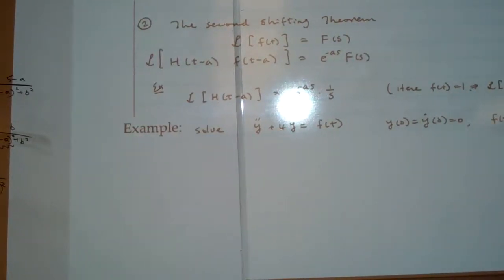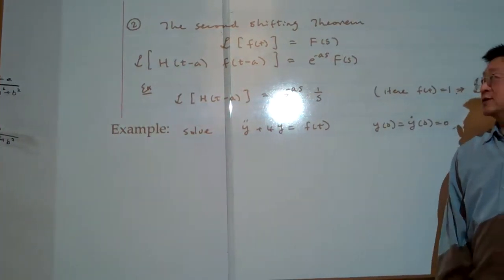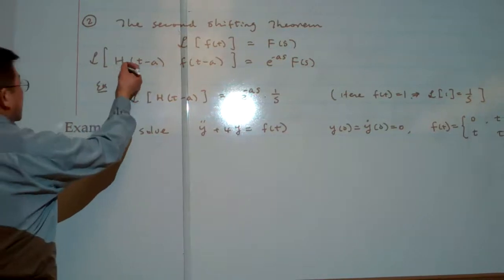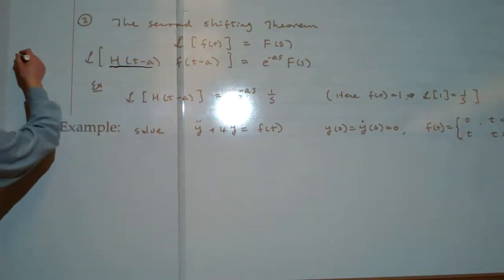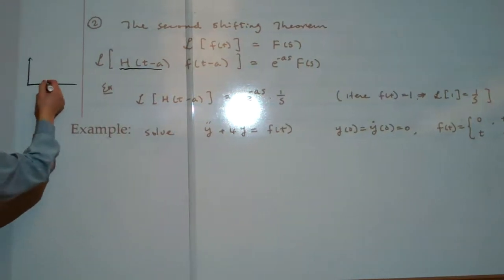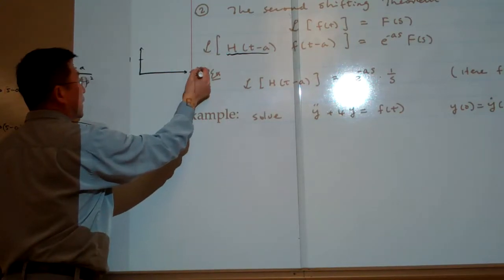In controls, this is the Heaviside step function. And again, what is the Heaviside step function? Basically, this one indicates a value of 1. This is time.